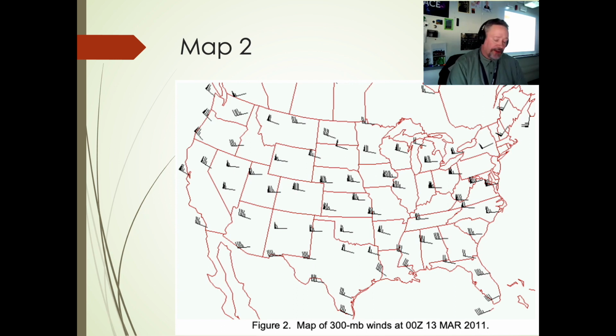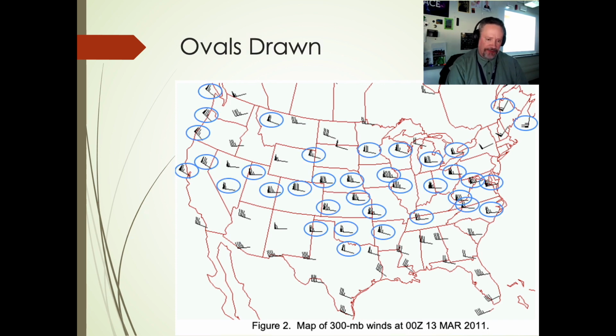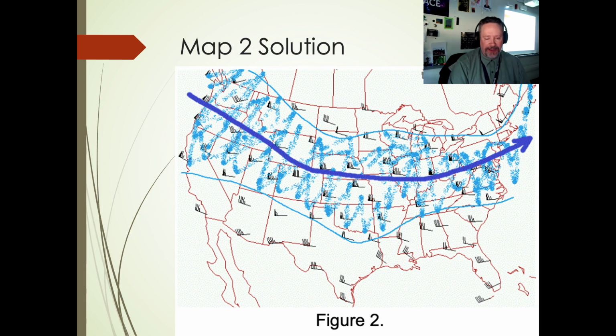So here's a different map. You can see that the winds are still fast, but the overall pattern when you shade them in looks a little different. So when you shade in the 60 knot winds and higher, you get a pattern that looks like this. And then if you shade in the top boundary or the northern boundary and the southern boundary, you get a different pattern.